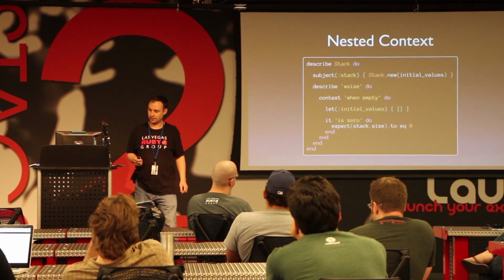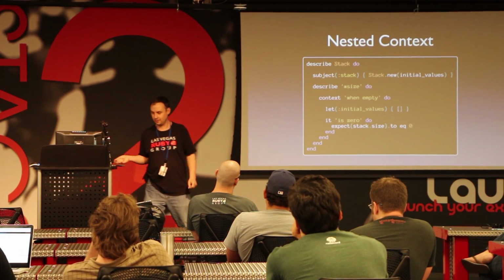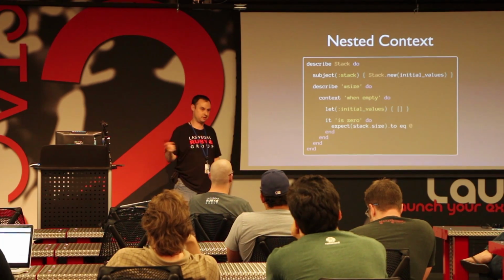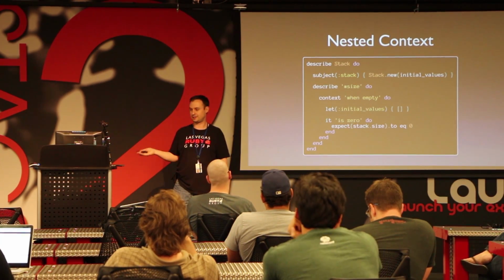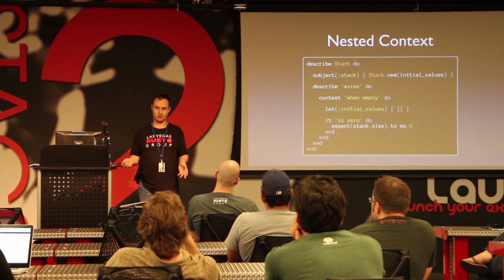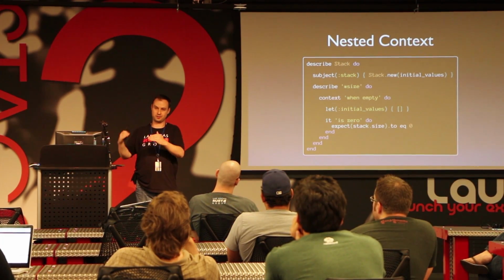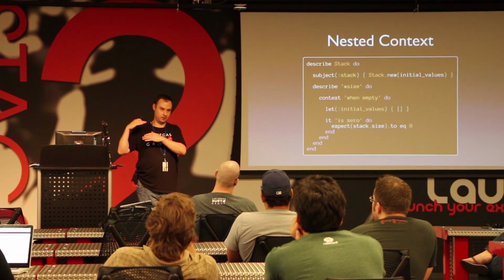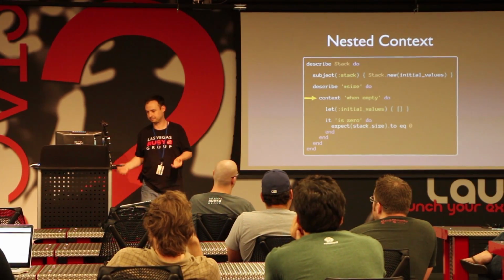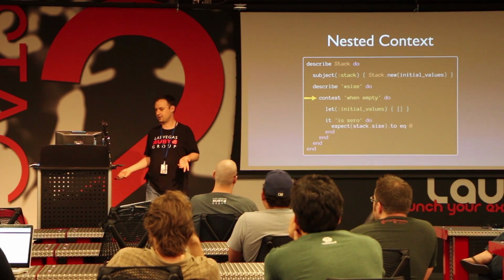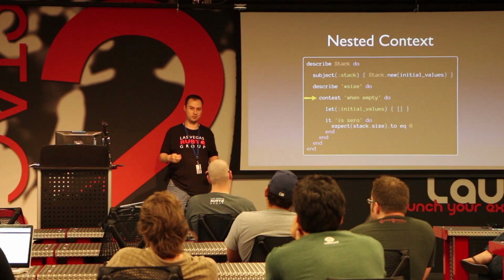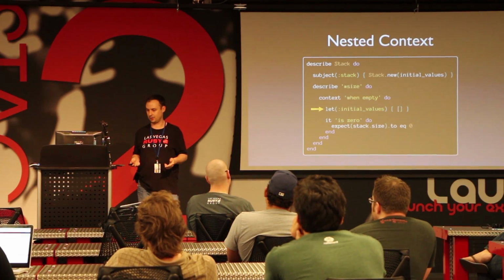Another feature RSpec gives you is nested context. And actually, I already showed you this because nested describe is already a nested context. Context and describe are actually the same thing. They're just two different names because depending on whether you're actually describing something or just setting up some context for something you're already describing. So in this case, we create a context for when the stack is empty, when the size should be 0.